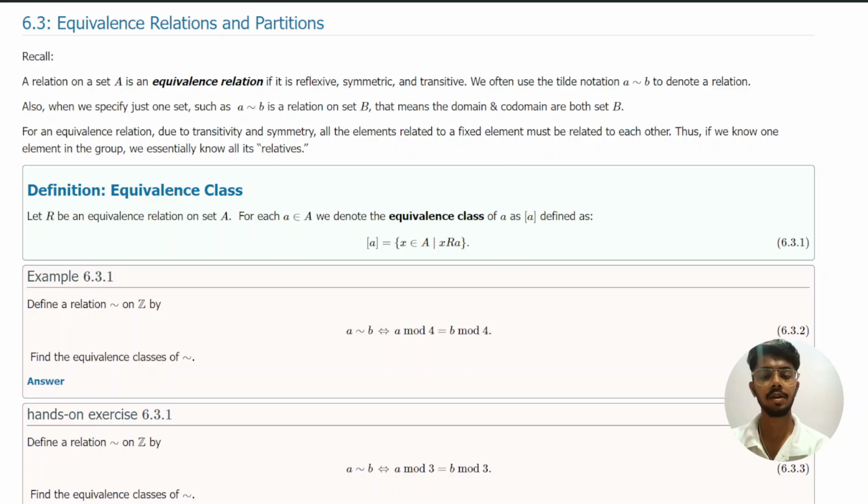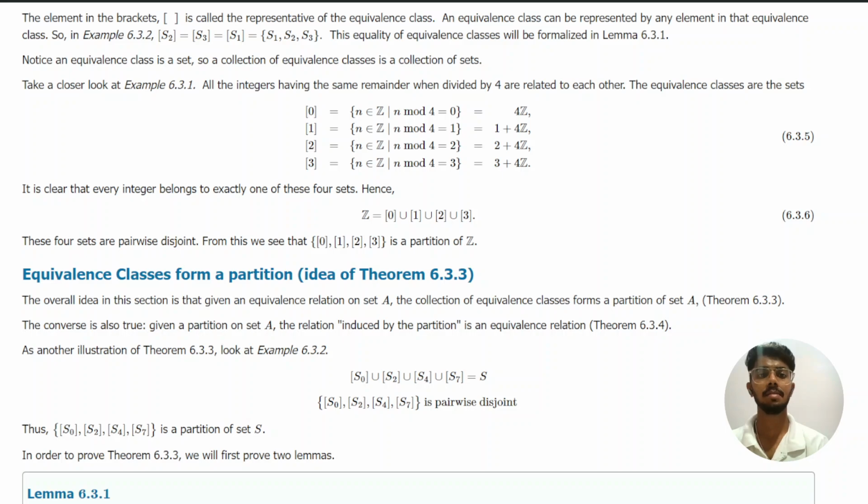We are going to see some examples. Define a relation on Z, then find the equivalence classes of the elements. The element in the brackets is called the representative of the equivalence class. An equivalence class can be represented by any element in that equivalence class.